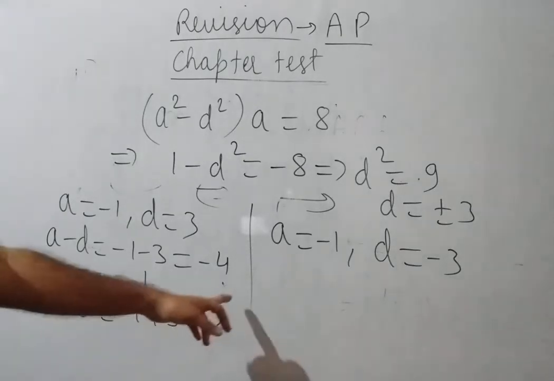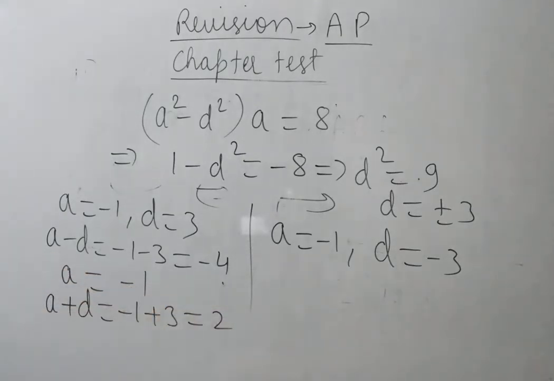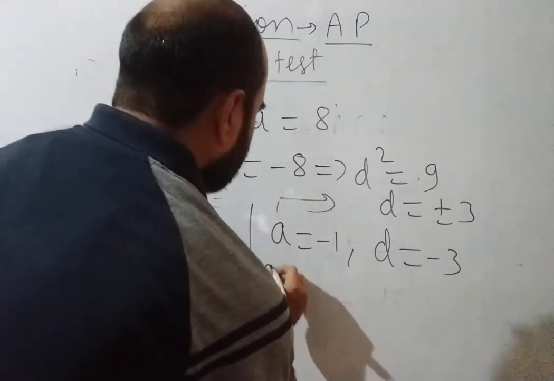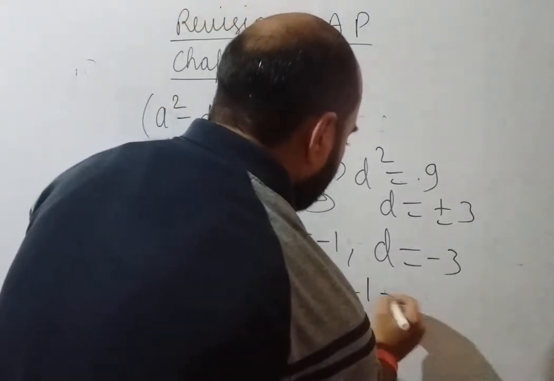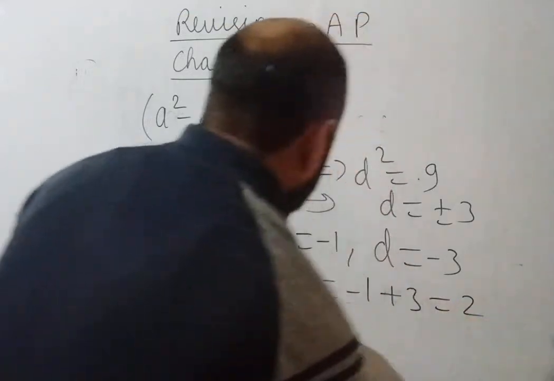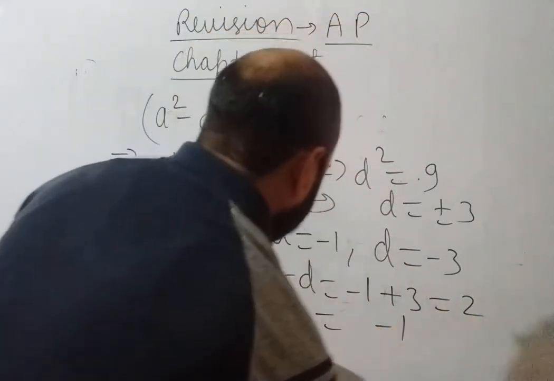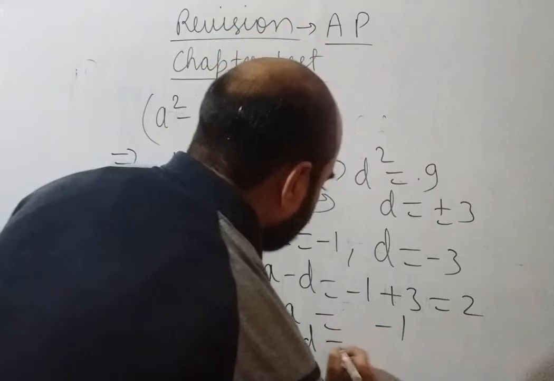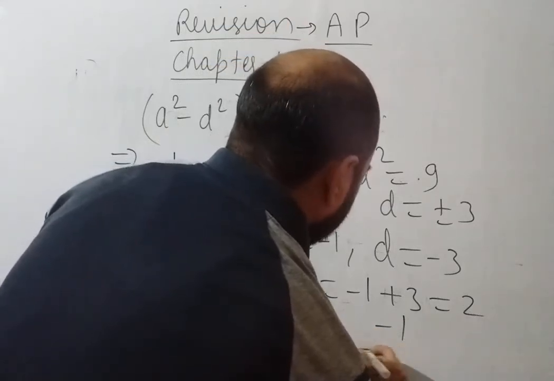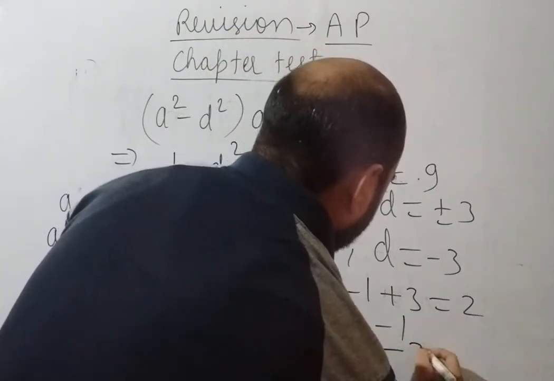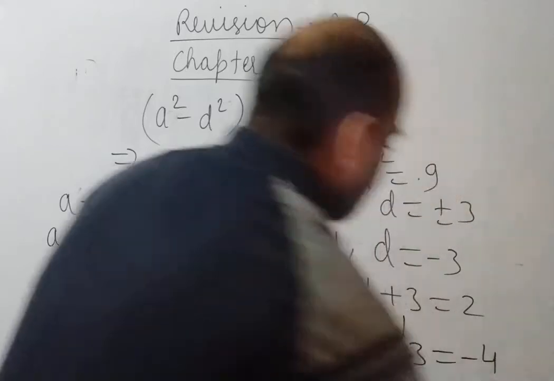Correct? Now you can check all the three numbers are in AP. In the other case, the first number A minus D means minus 1 plus 3, the next one is A, minus 1, and the next one is A plus D, it means minus 1 minus 3, that is minus 4.